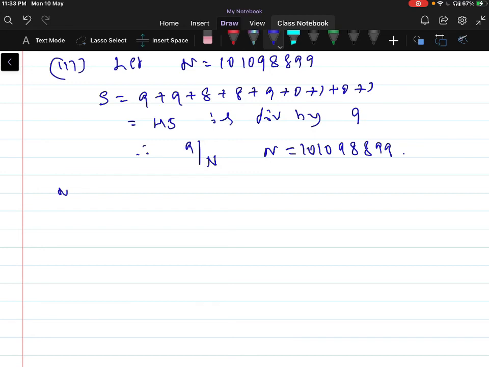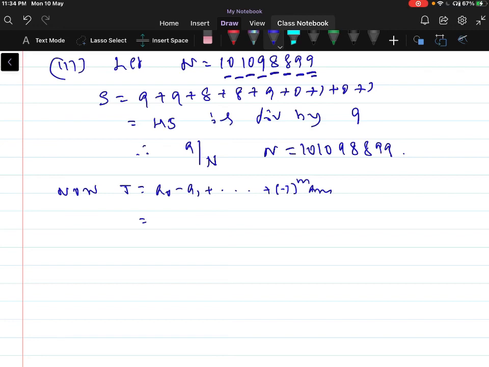So now t is equal to a0 minus a1 and so on, plus or minus 1 to the power of m into am. So where a0 is 9, a1 is 9, a2 is 8, a3 is 8, a4 is 9, a5 is 0, a6 is 1, a7 is 0 and a8 is 1.